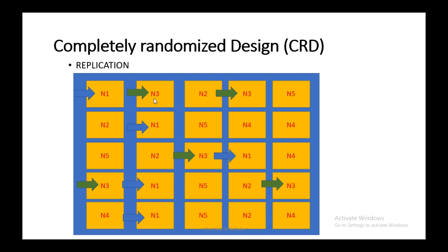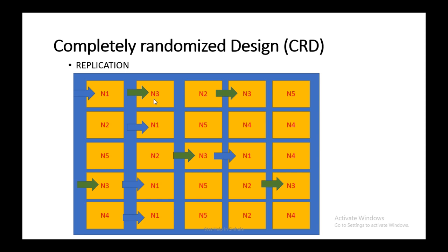So N3 fertilizer also has 5 replicates. I think you have understood what a replicate means. Replication means each treatment should be applied more than once to experimental units. We apply this replication for reducing the random error.